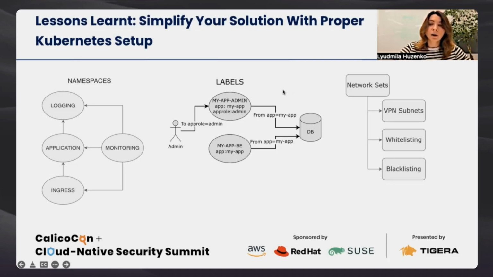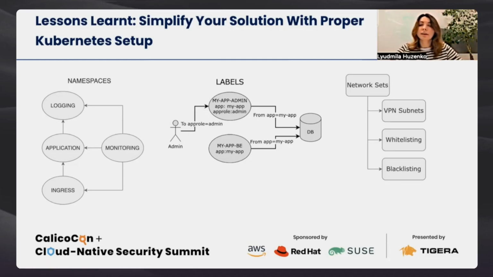Both of them are connecting to the database, but only My App admin is exposed to be available to the admin user. In this case, you can create the security policy for both of your services based on the common template app equal to my app to access the database, but you should also have the additional labeling to provide access to the admin pod itself.